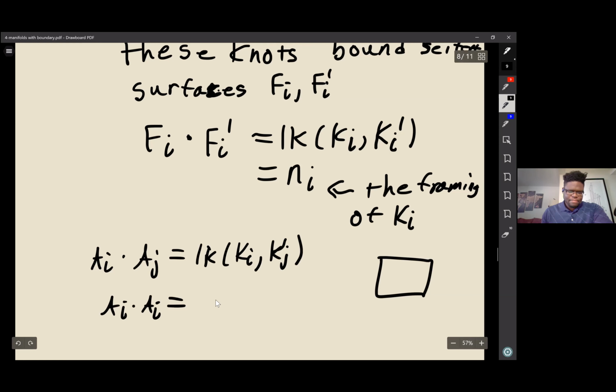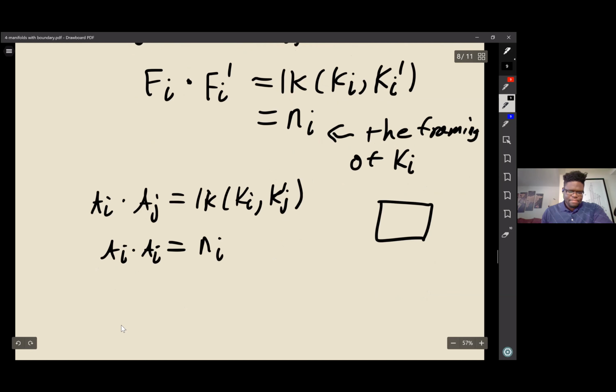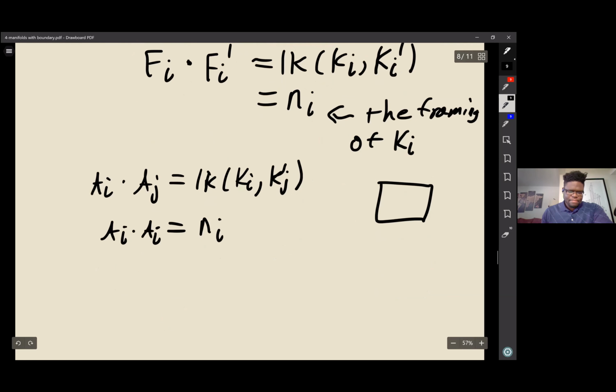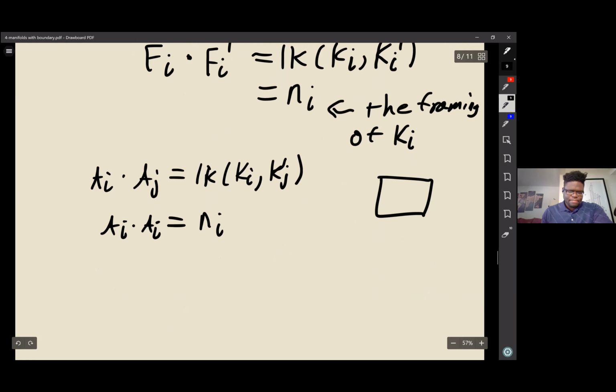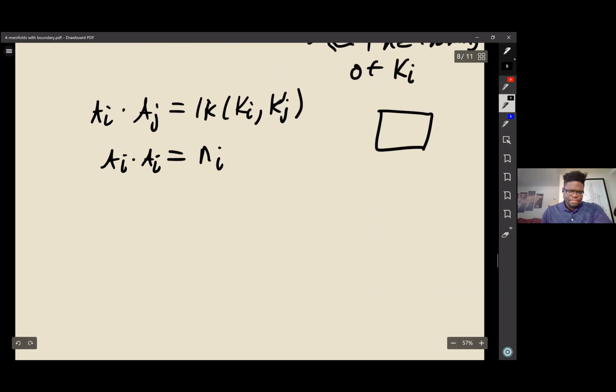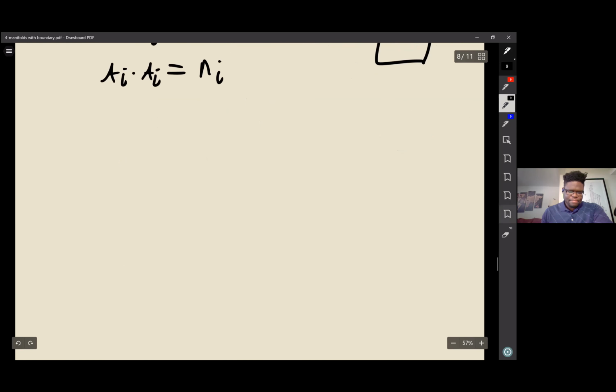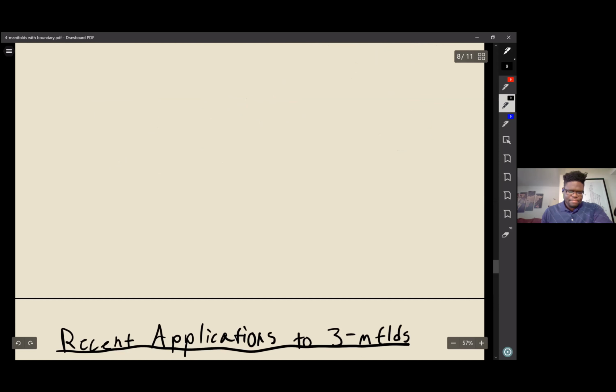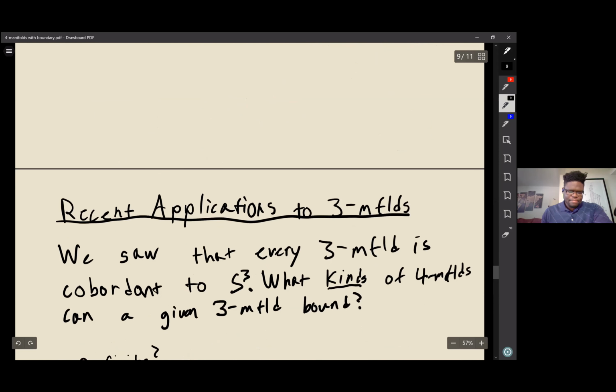Right, in summary, that's what we have. I wanted to end the lecture by talking about some recent applications that these constructions have to three-manifolds.